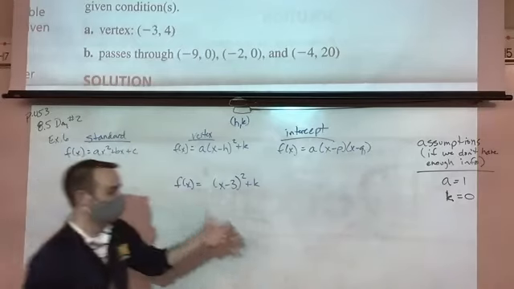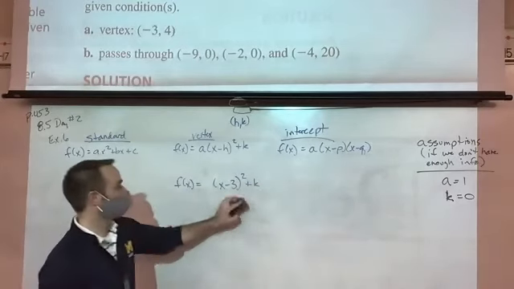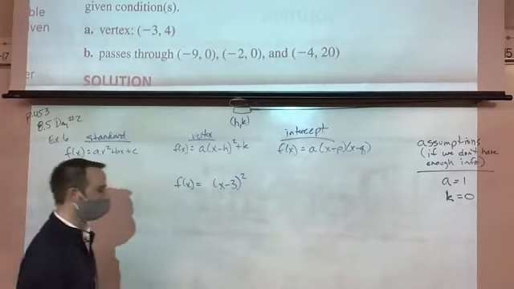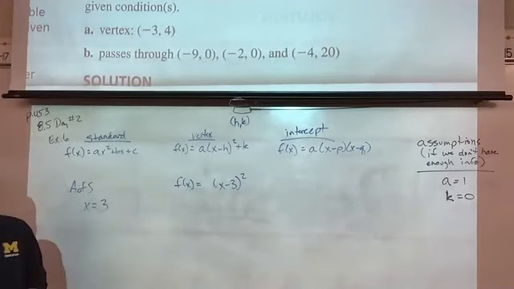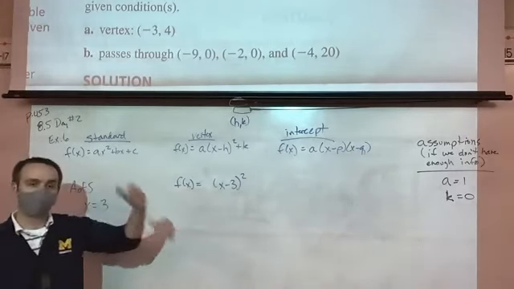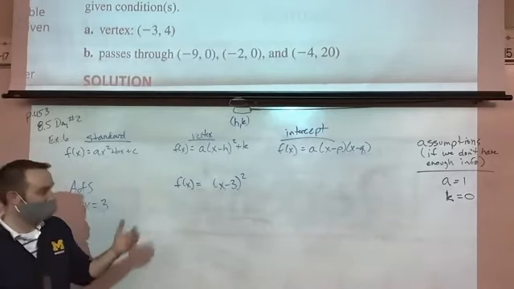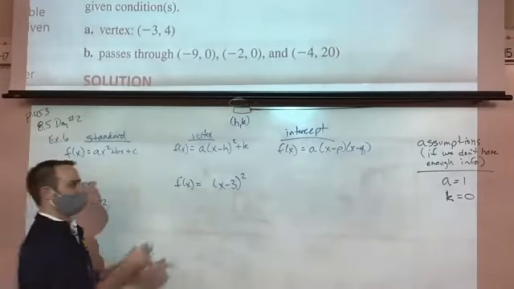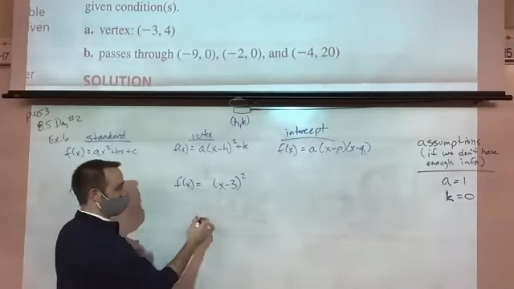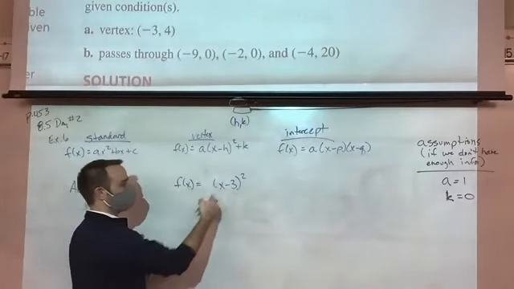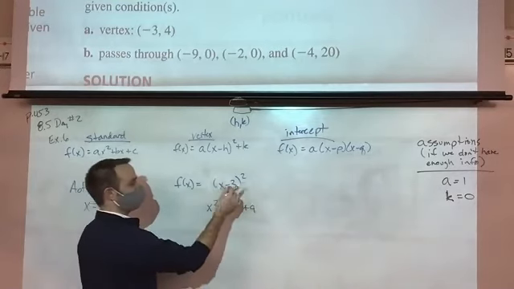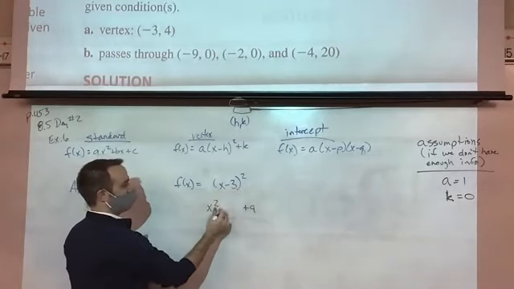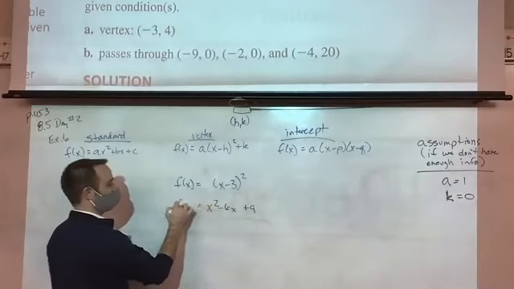And if K is 0, we can just take that out, right? That does us no good anymore. We don't need a plus 0 hanging around. So now we're just here. We can use that shortcut, or we can FOIL it, x minus 3, x minus 3. So a little less stuff we have to worry about now. We can use that shortcut, square it, multiply it, and double to get that equation.